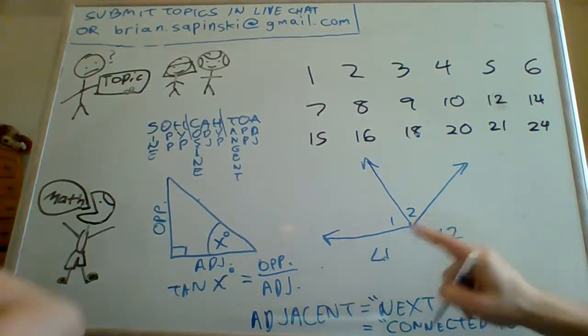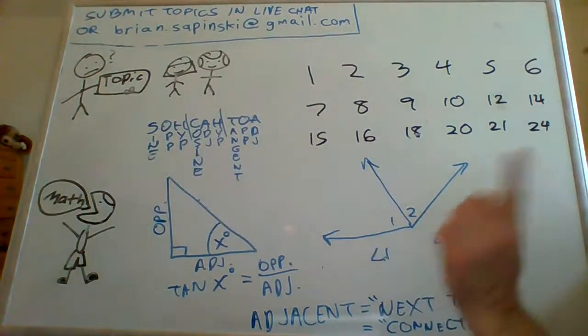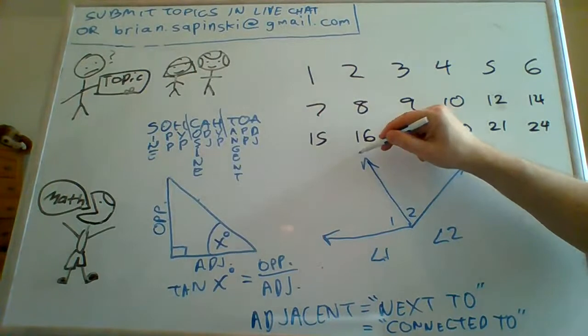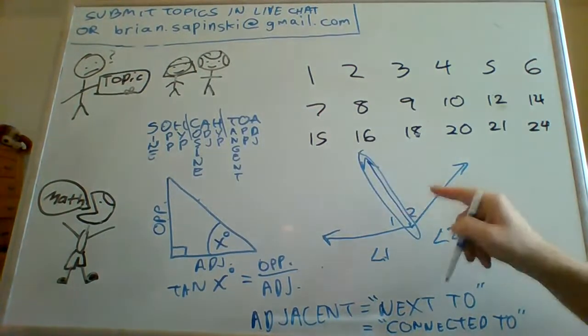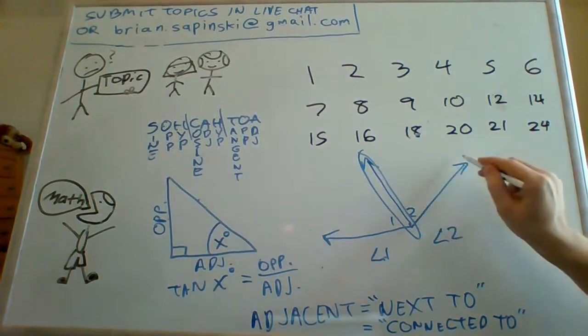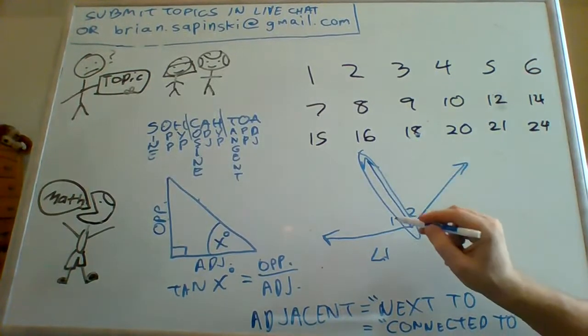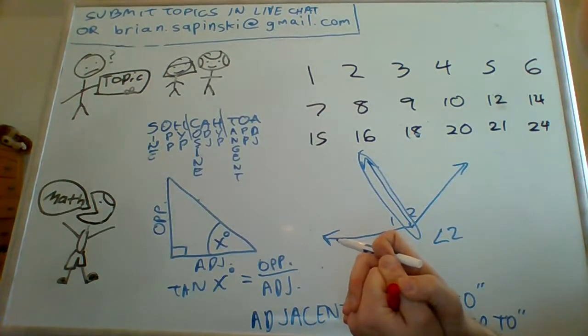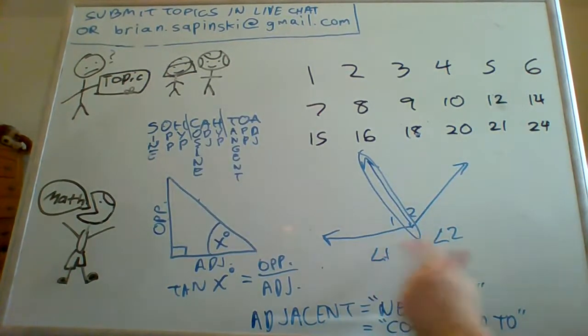Now, these 2 angles would be considered adjacent because they are connected to each other by this ray in between. This ray is a part of the creation of both angles. So they are holding together next to each other. They're physically connected. That's what makes them adjacent to one another.